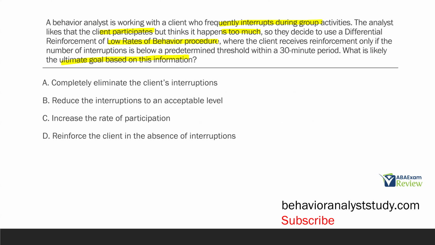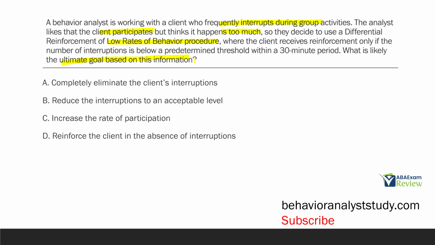Now, one of the big differences between a diminishing procedure and a low rates procedure is with a low rates procedure, you're not necessarily getting rid of the behavior. You can just be reducing it to an acceptable rate. And given our information, that seems to be what the behavior analyst is trying to do. Client participates, that's great. It happens too much. Let's reduce it. Let's set a threshold and reduce it.